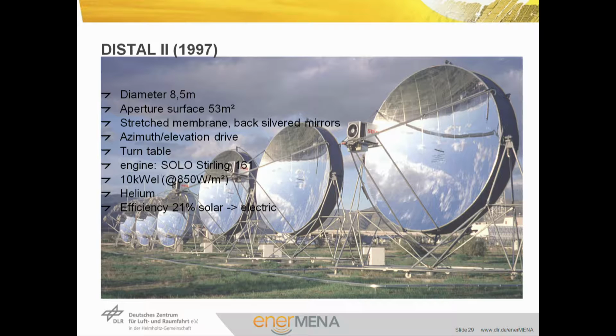The drive system was changed to azimuth elevation, now using a turntable concept that was developed by the company. Of course, the engine is now the redeveloped Solo Stirling 161 with a rated power of 10 kilowatts electric. Since the concentrator is enlarged, the maximum power can already be reached at 850 watts per square meter. Working gas is helium. Solar to electric efficiency is about 21%.